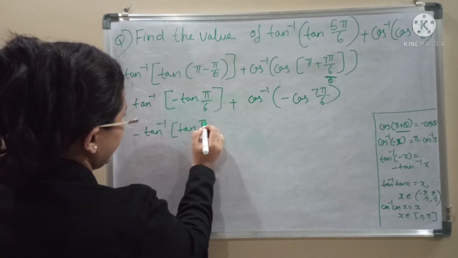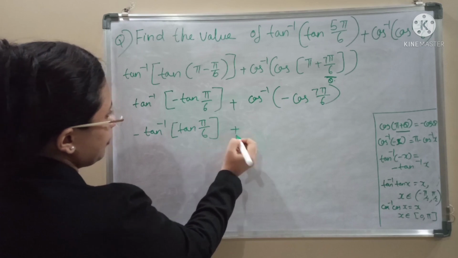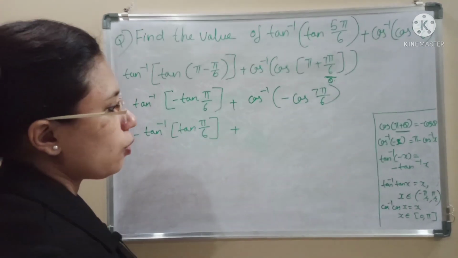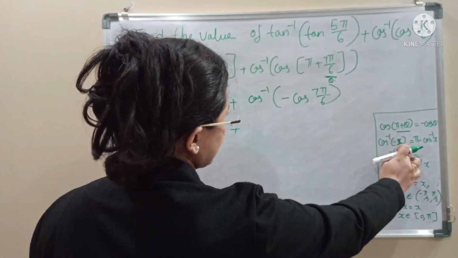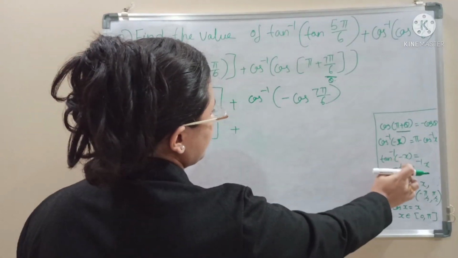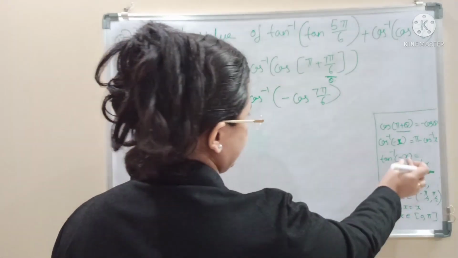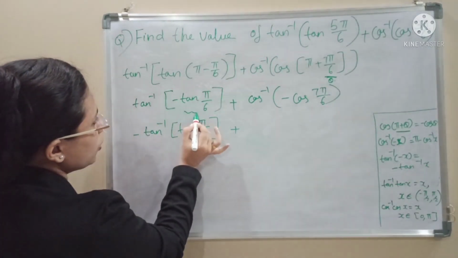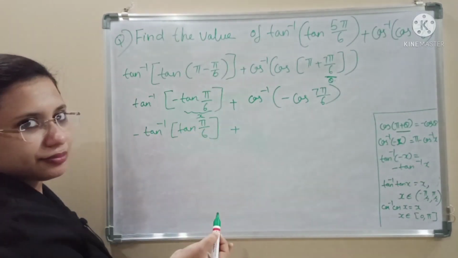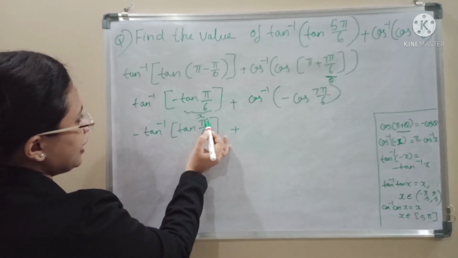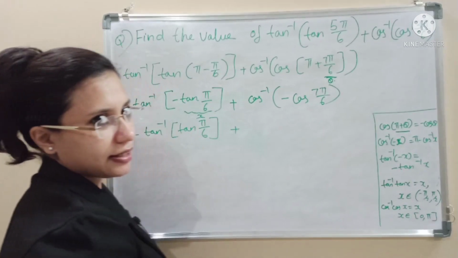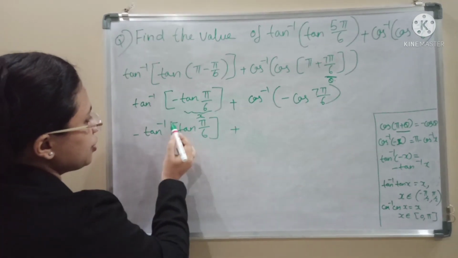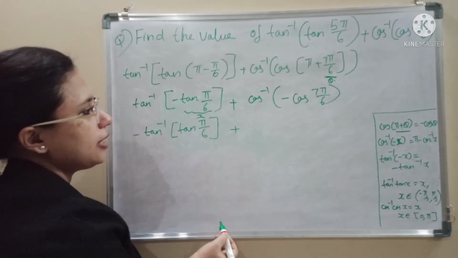So minus tan inverse of tan π/6 plus, what is cos inverse of minus x? Consider this whole term as x. Then tan inverse of minus x is minus tan inverse x, that is minus tan inverse tan π/6.